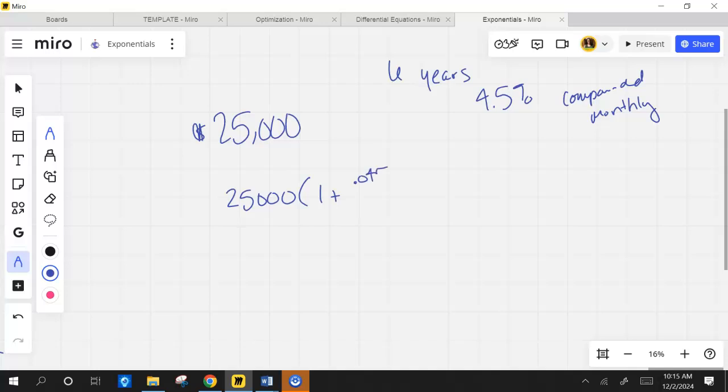If it's compounded monthly, what is my N? 12. Remember that formula? It's A times 1 plus R over N, raised to the N times T. Your N, if it's monthly, is 12.